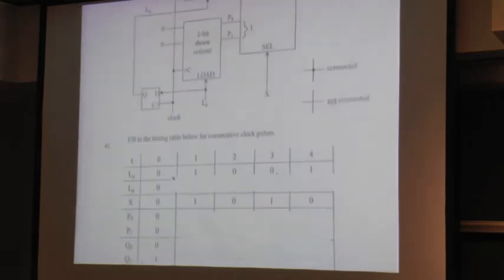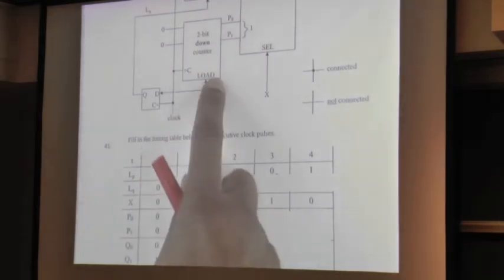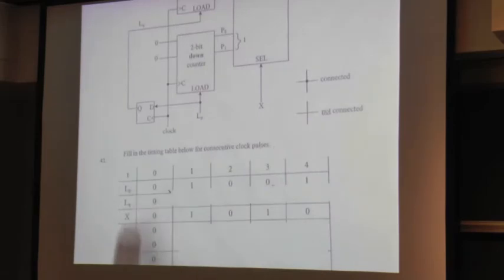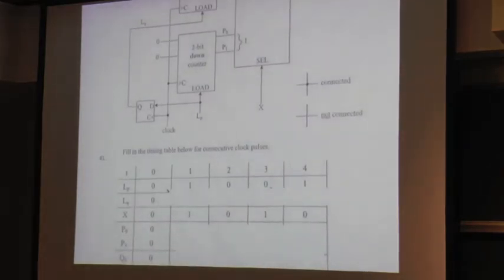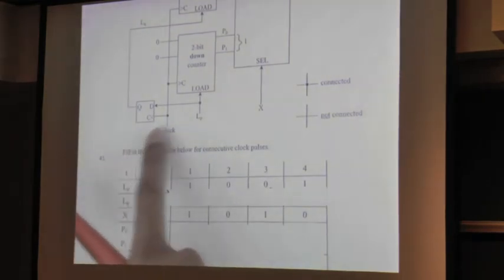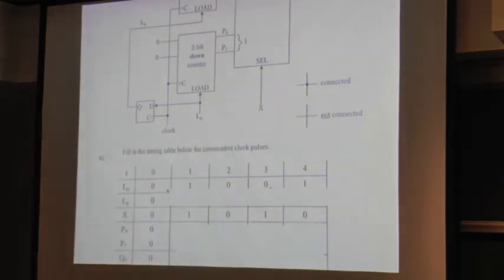What's given to us is LP, the load signal to the down counter. That's given to us for the entire time sequence. And X is also given to us over that period of time. So the first thing to do, and it's been conveniently arranged in sort of the right order to approach the question, is to find out what LQ is, right? So LQ is the output of the D flip-flop fed by LP.